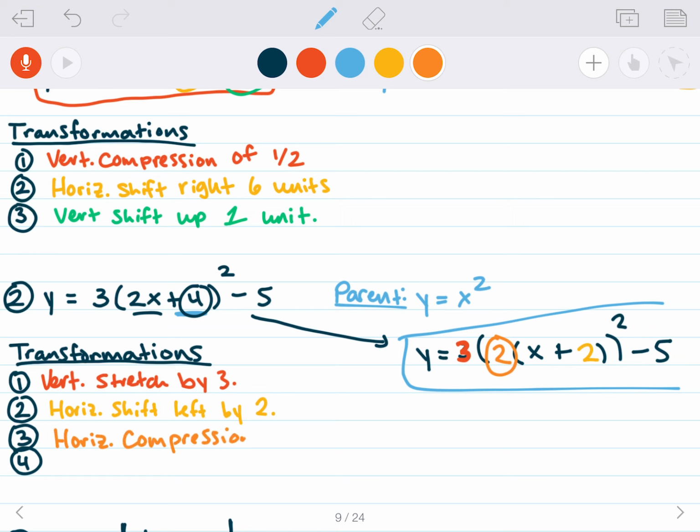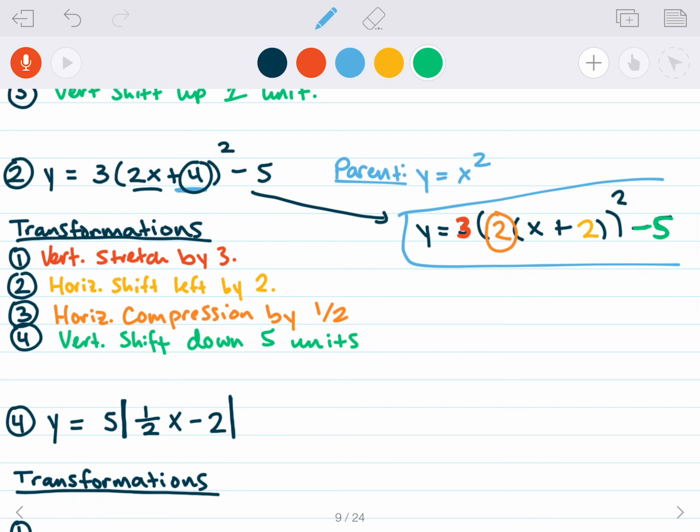And it's going to be a compression by 1 over 2, so the reciprocal of 2. And finally, do we have a vertical shift? Do we have a d? Well, yeah, we do. We have minus 5 at the end of this function. So this is going to be a vertical shift down 5 units. All right, so those are our transformations for this guy.